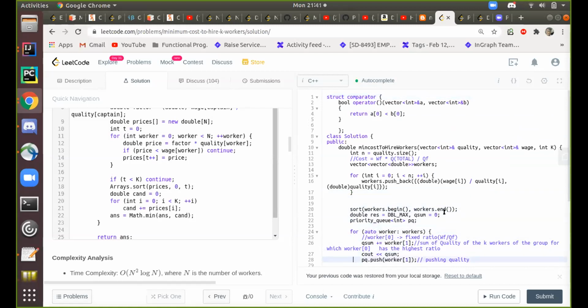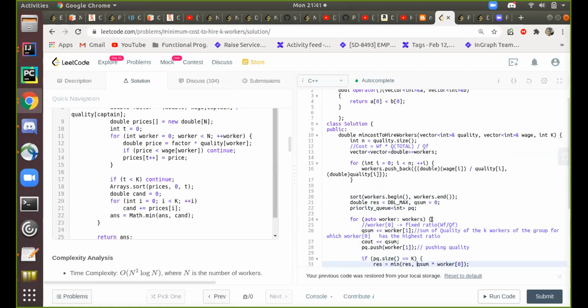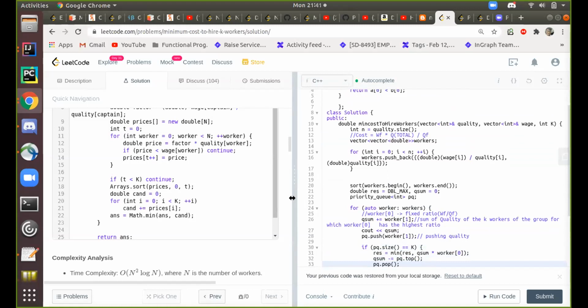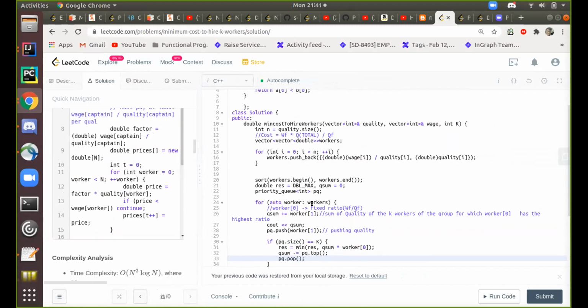So coming to this priority queue, this is a max heap. Now I'm going to every worker in my sorted array. I select that worker and add the quality. Worker of one would give me the quality, because I'm storing the quality also here.